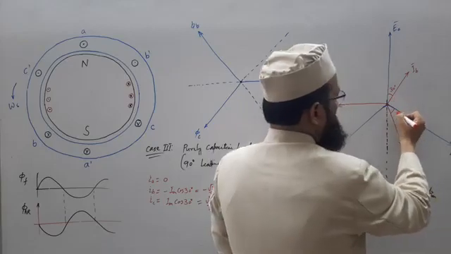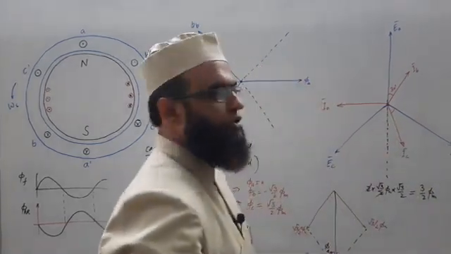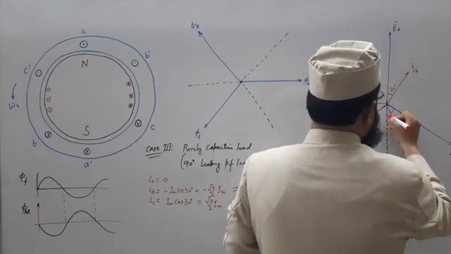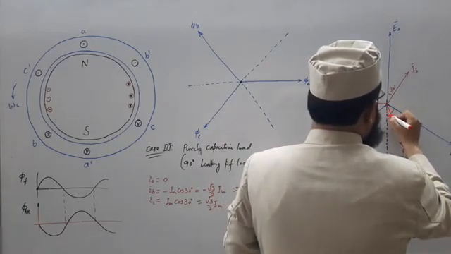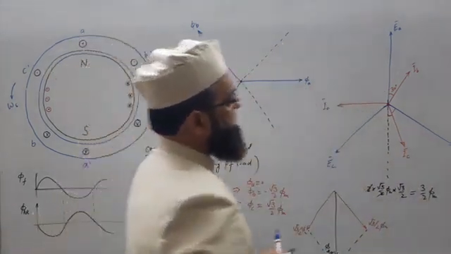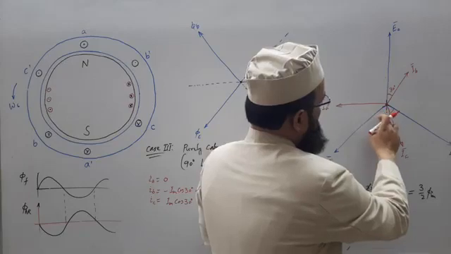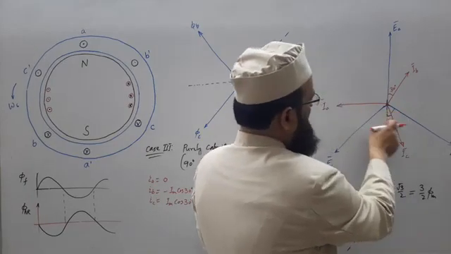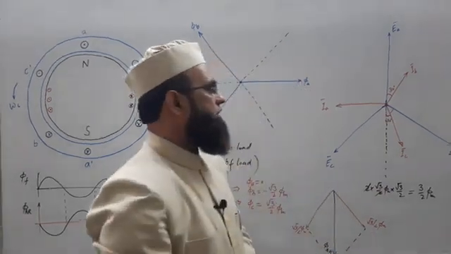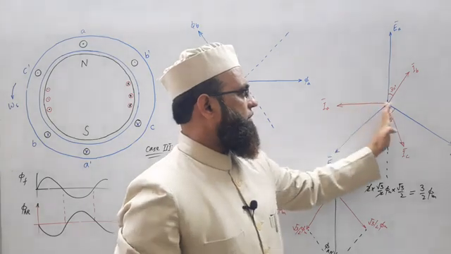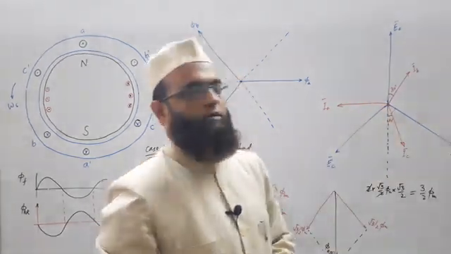This is 90, so this is 30 to get 120. And what about this angle? This is 90, so this will be 30. In order to get the phase displacement between IA and IC of 120, this is horizontal, this is vertical, 90, so this will be 30.